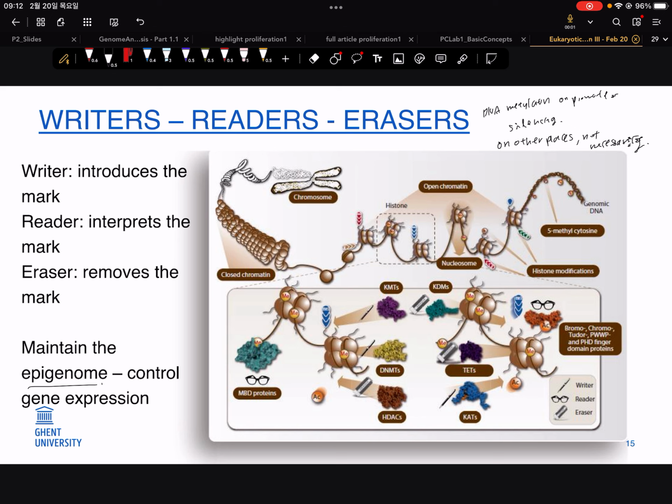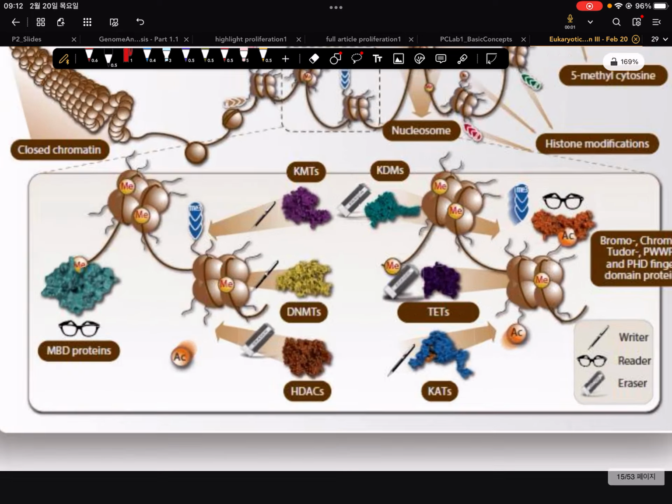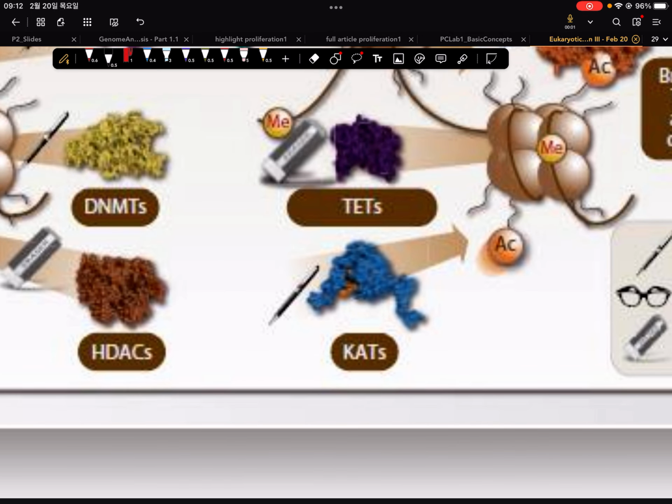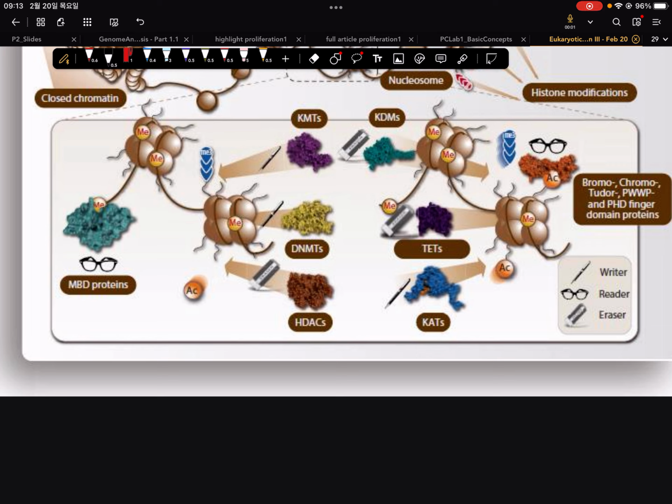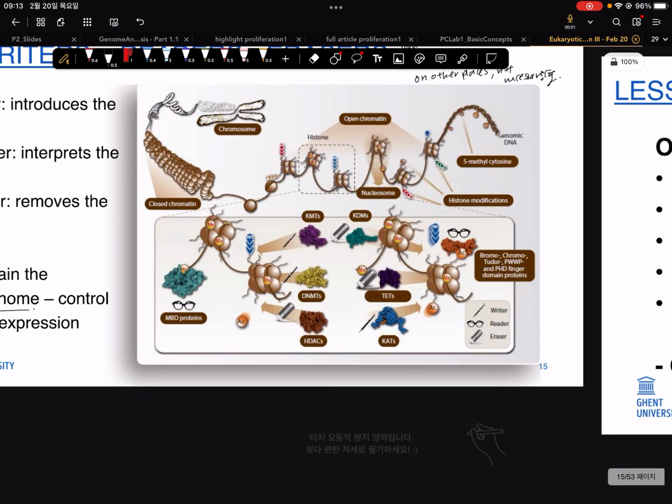And today we saw that histones can also be modified, mediated by histone acetyltransferases that write, putting acetyl groups on histones, or histone deacetylases that remove acetyl groups from histones. Methylation can be mediated by lysine methyltransferases or lysine demethylases. It is specifically on the lysine, although arginine can also be methylated. That's not shown on this slide.